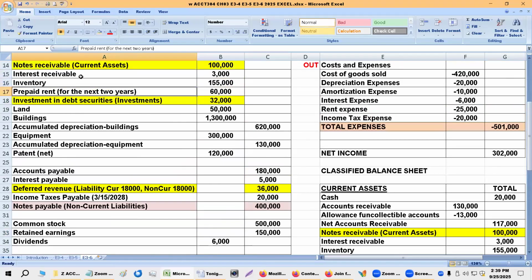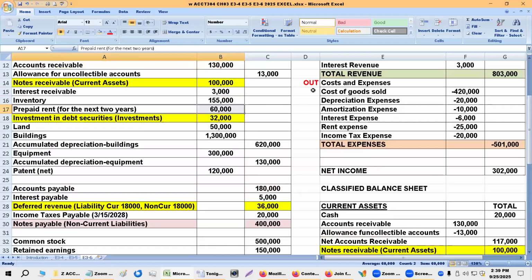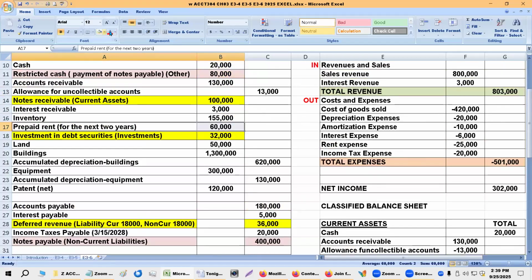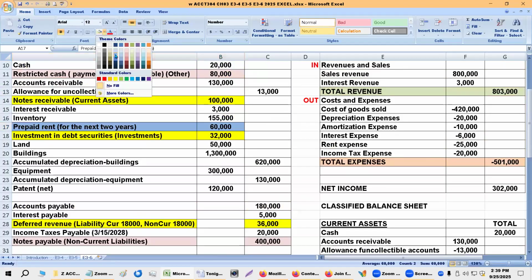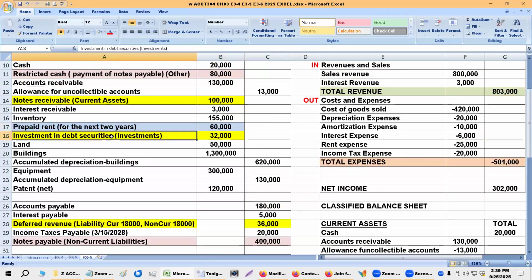Okay, wait, prepaid rent. So this prepaid rent is a problem. Why? Is prepaid rent here going to be a little bit of a problem?